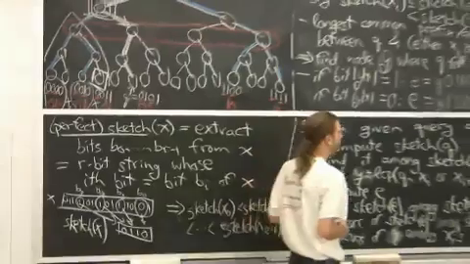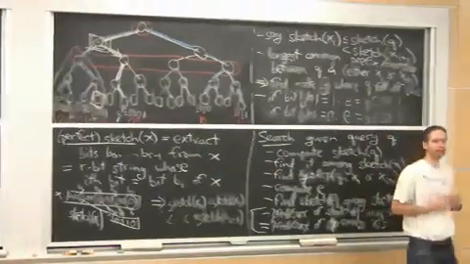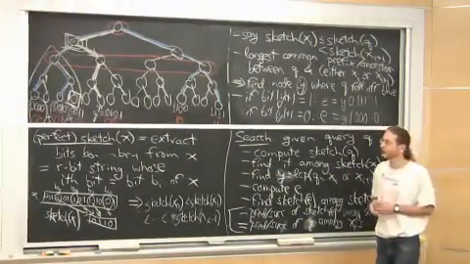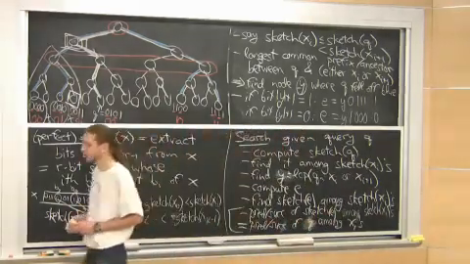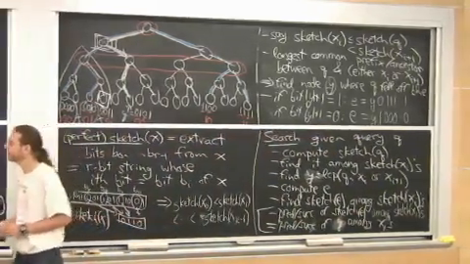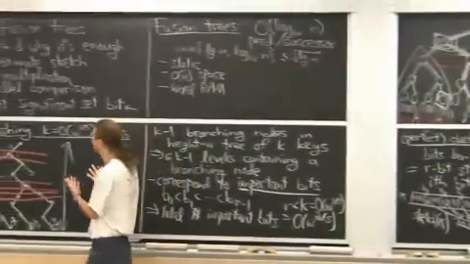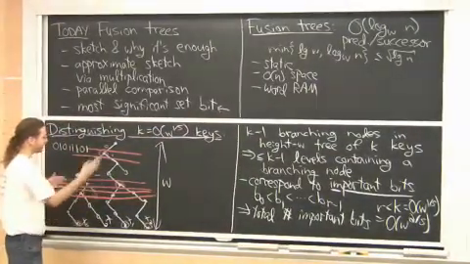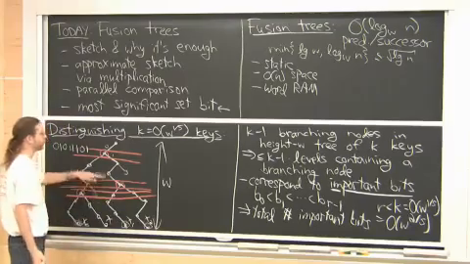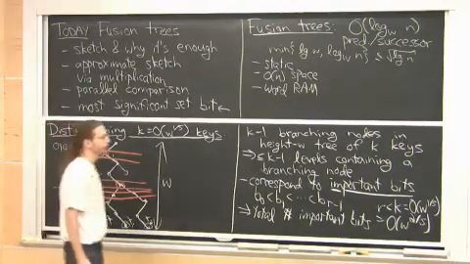At this point, you should kind of believe that everything works. And overall, what are we doing? We're building a w to the 1/5 tree. It's not yet clear why w to the 1/5, but we have to implement these nodes that only have w to the 1/5 keys. So we're looking at a single node and saying, hey, look, there's a bunch of keys. Let's just look at the important bits. That defines this sketch operation.